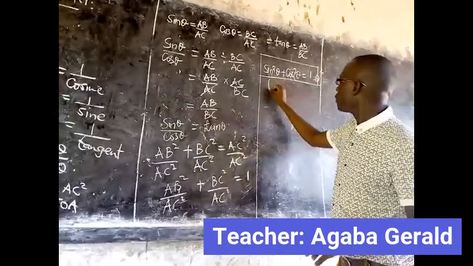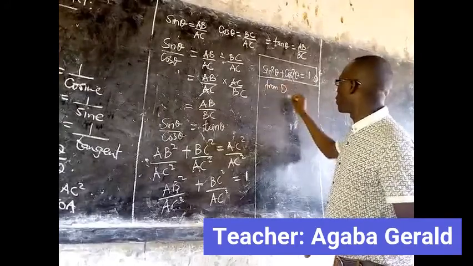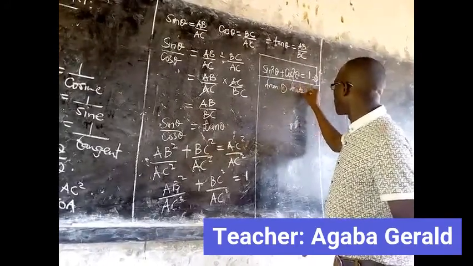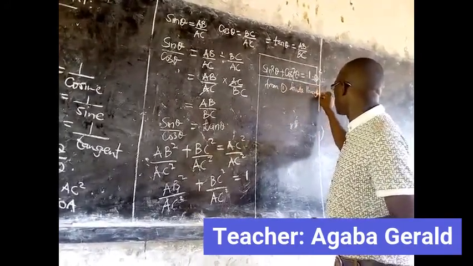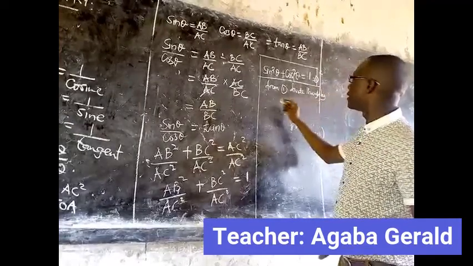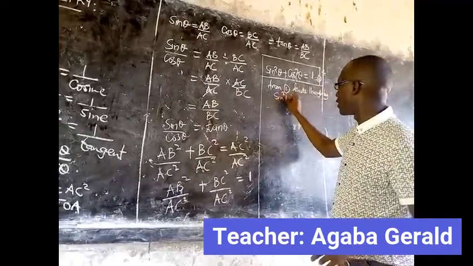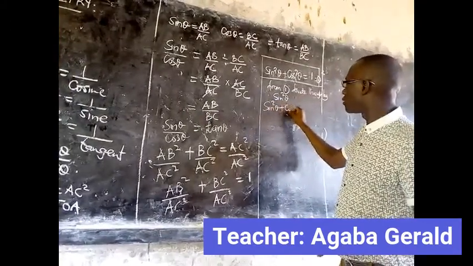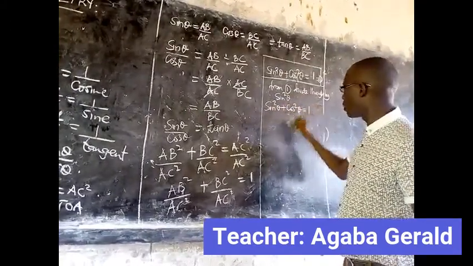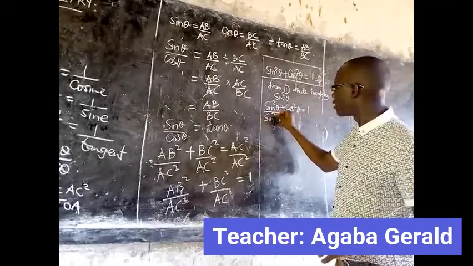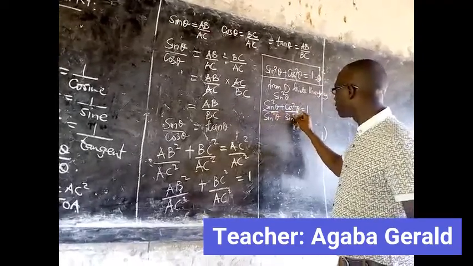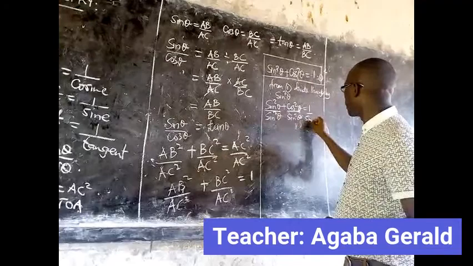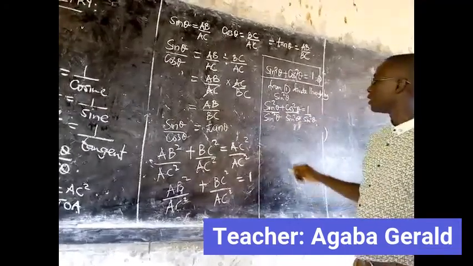How? From 1, we are going to divide through by sine squared theta. So that means we shall have sine squared theta plus cos squared theta is equal to 1, divided by sine squared theta.